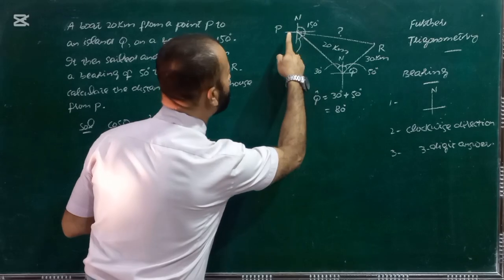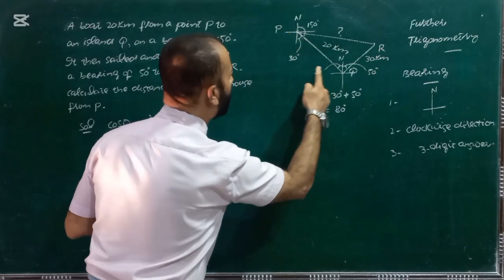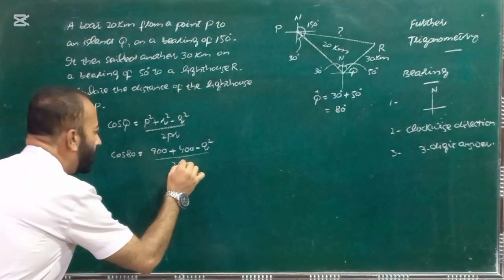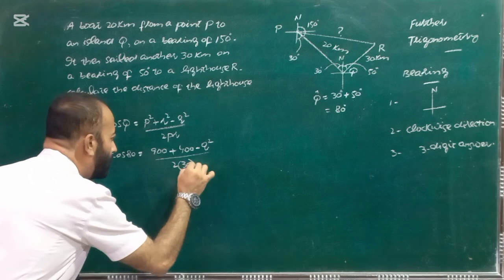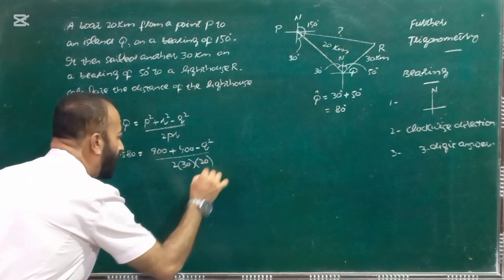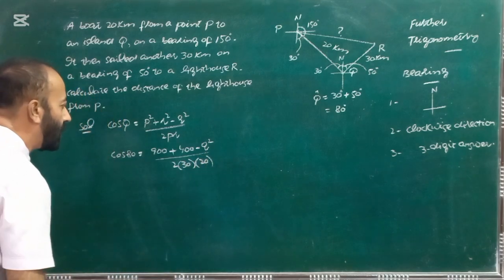P is 30, R is 20. So 30 into 20. So solve it on the calculator now.